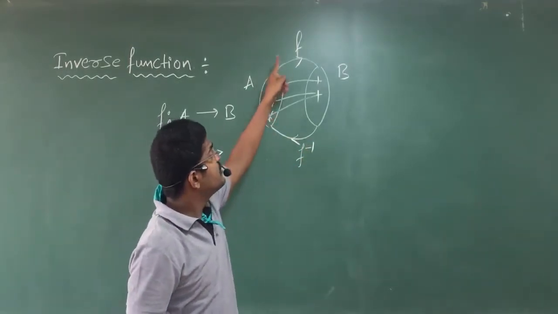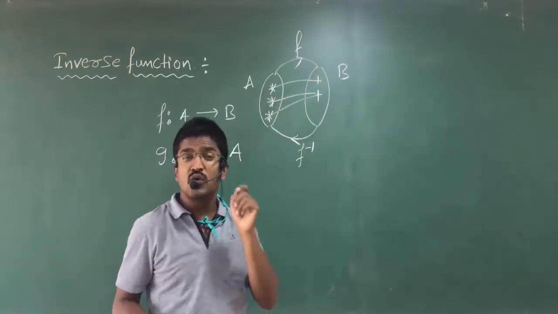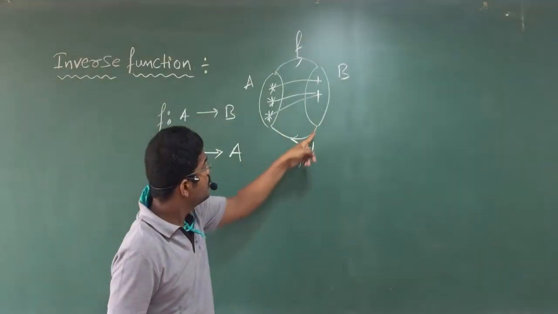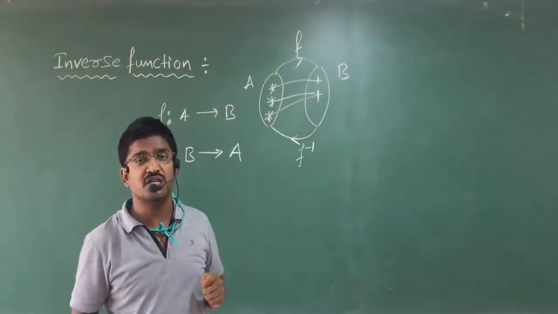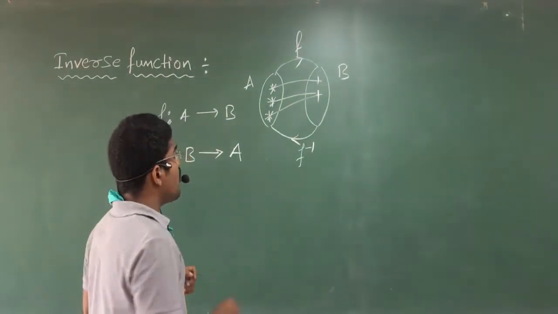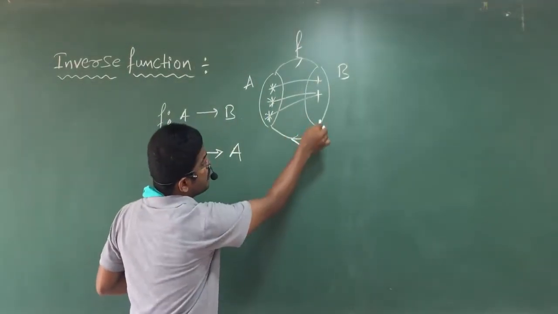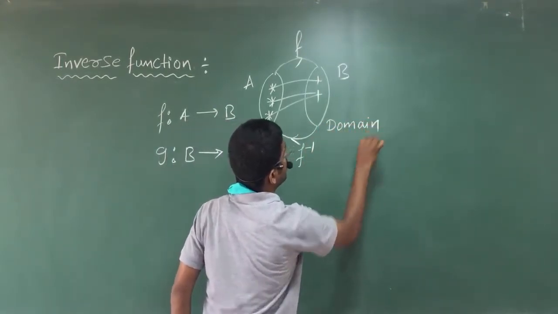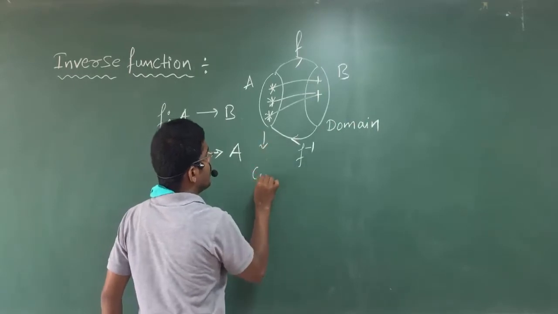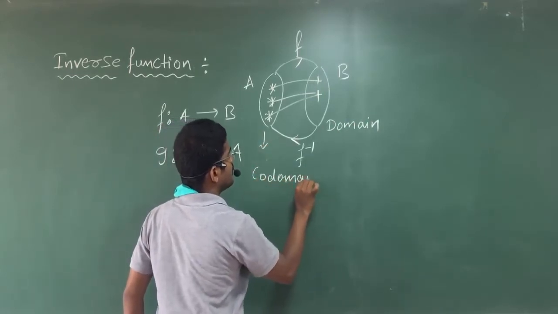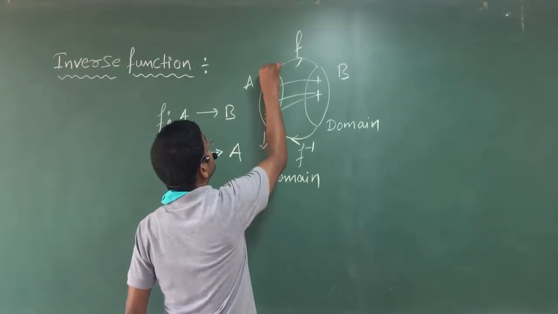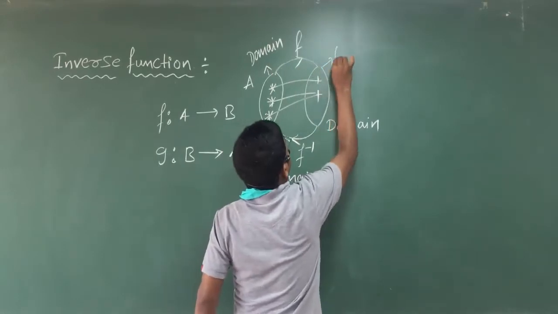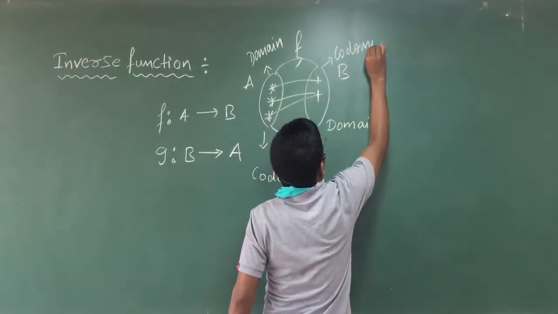f is a function from A to B. So now what I am thinking is, can I come from B to A in this particular situation? If you are coming in reverse from B to A, this will be the domain and this is the codomain. For f, A is the domain and B is the codomain, as we all know.